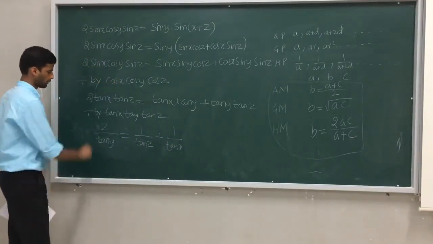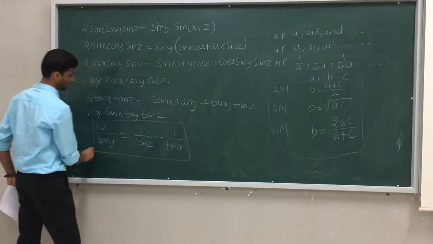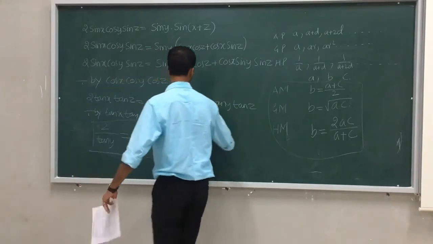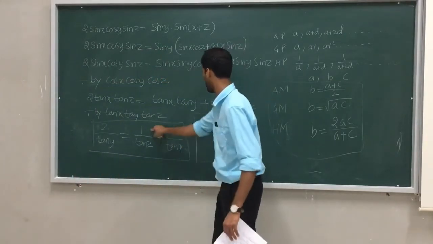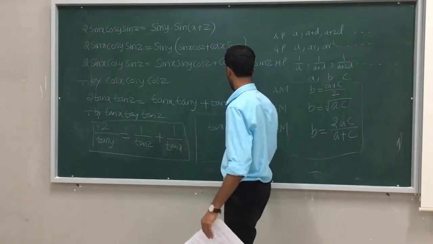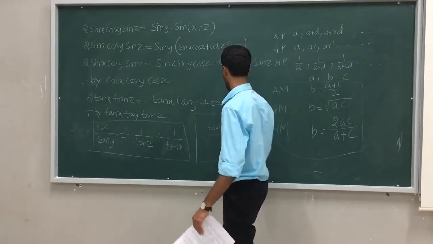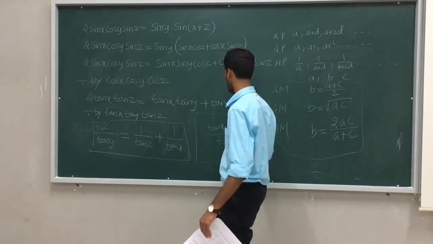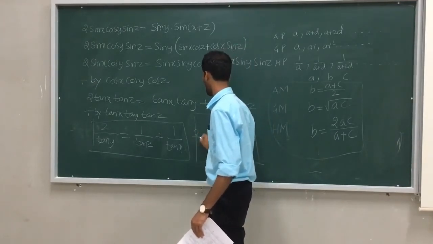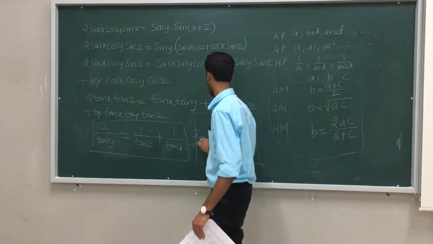So I got this expression, but how do we see that it is AP, GP or HP? First I will simplify this expression in front of you. Take it as (tan x plus tan z) divided by tan x tan z is equal to 2 by tan y.